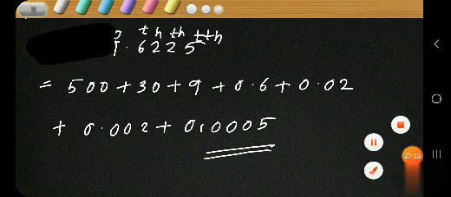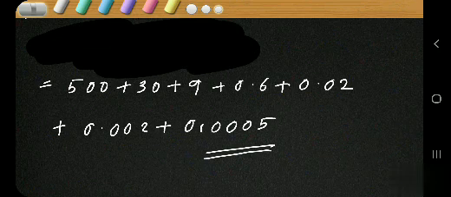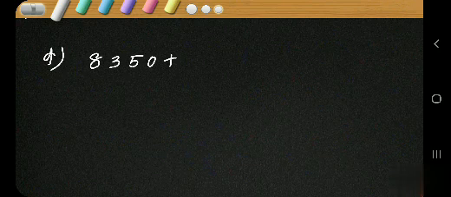Now let's try to write down D. Have you understood how to write the expanded form? Is it clear? Okay, now write down D. The question is 8350.9304.